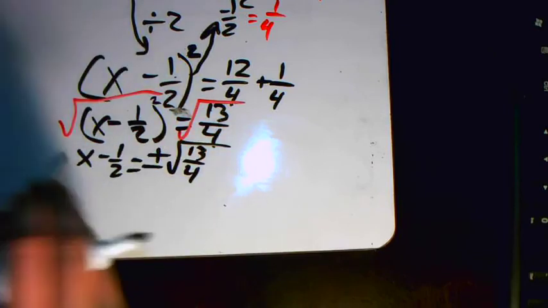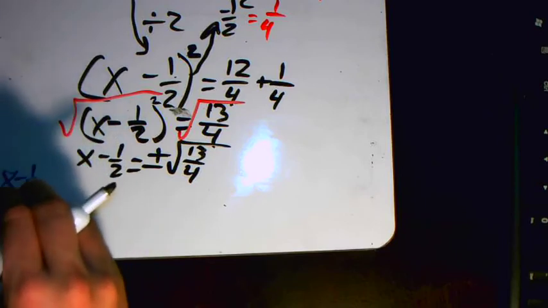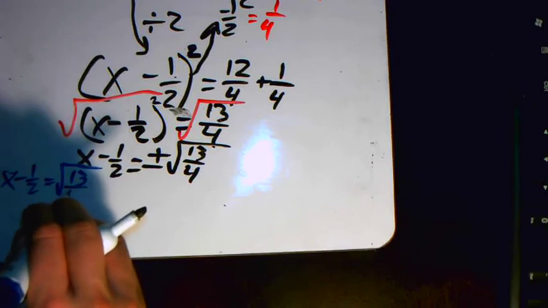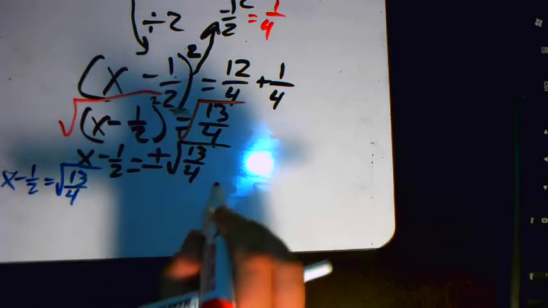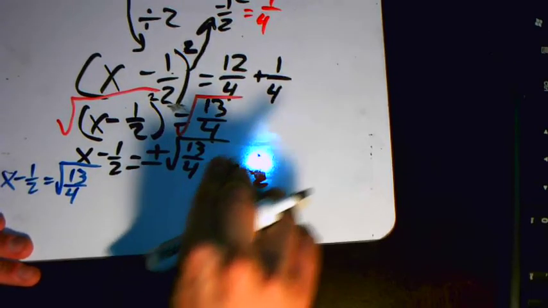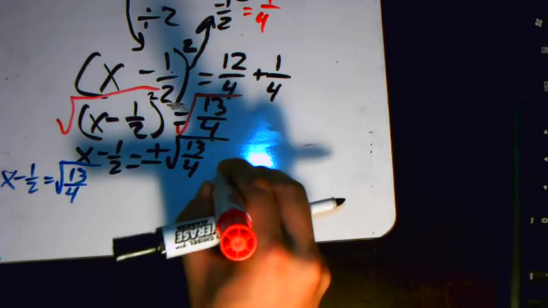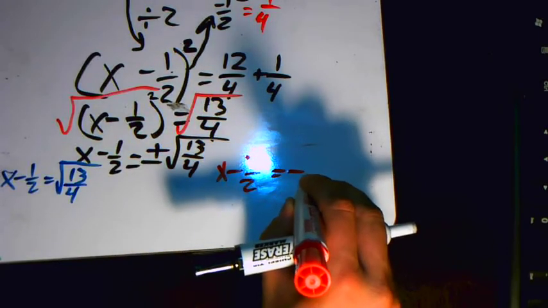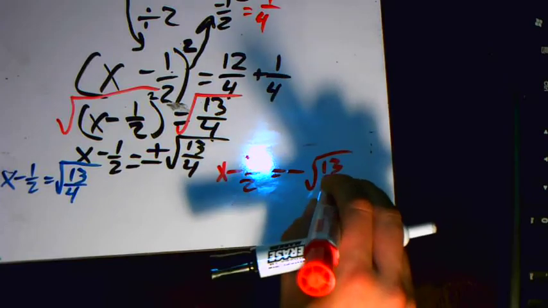Split it up into two different equations. x minus 1/2 equals the positive square root of 13 over 4, and x minus 1/2 equals the negative square root of 13 over 4.